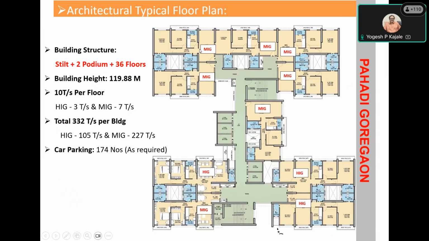There were a total of 10 dwelling units per floor, 3 of high income group and 7 of middle income group. In one building, there were a total of 332 dwelling units. Now the occupancy of this building, 332 into 5, is almost 1,600 people in one building.